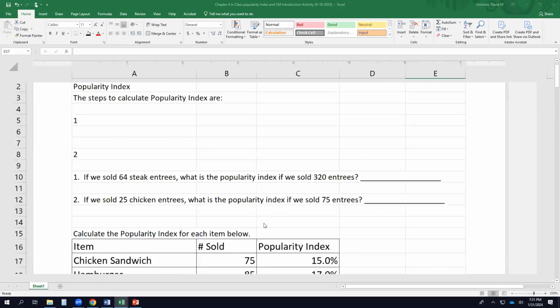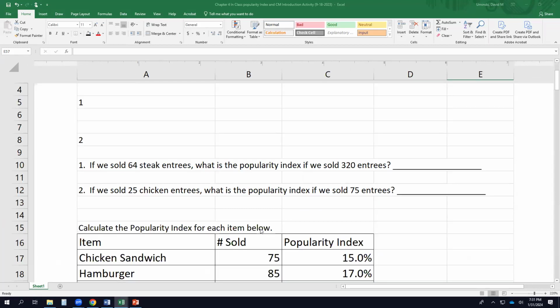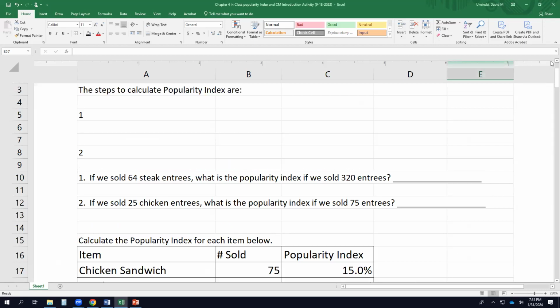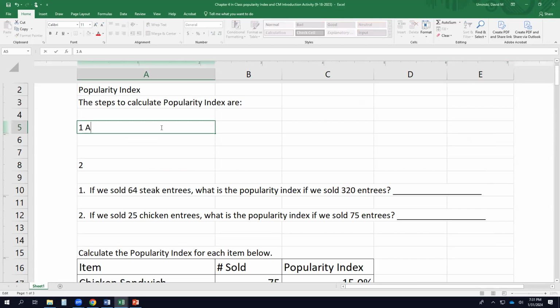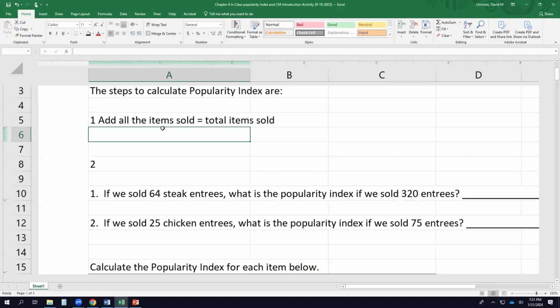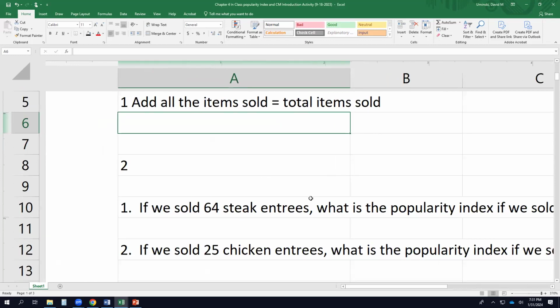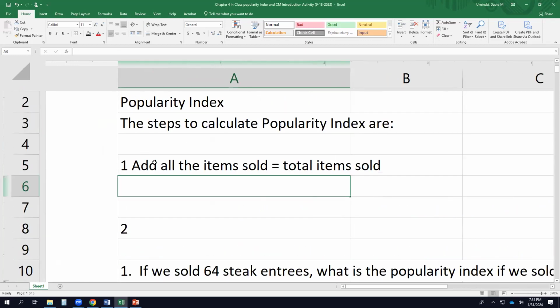All right. So our steps to calculate our popularity index. The first one: we want to add all the items sold, and that equals the total items sold. So add all the items sold, and that equals the total items sold.